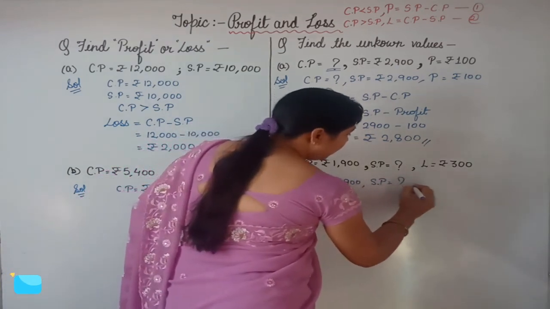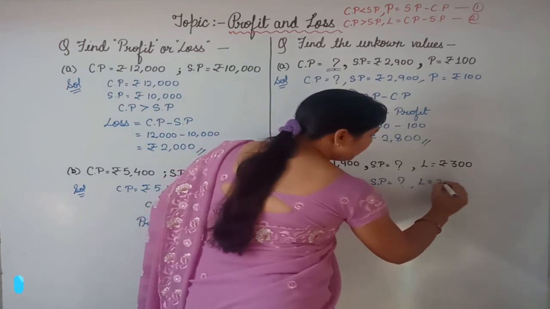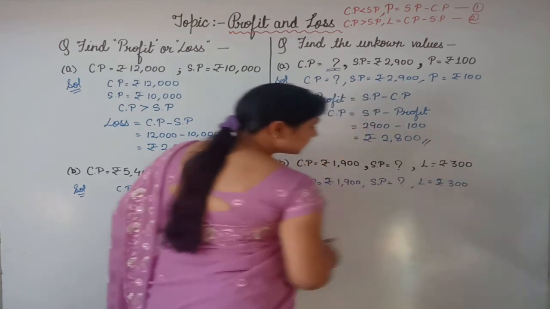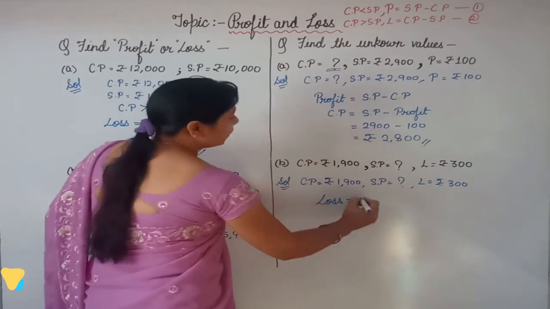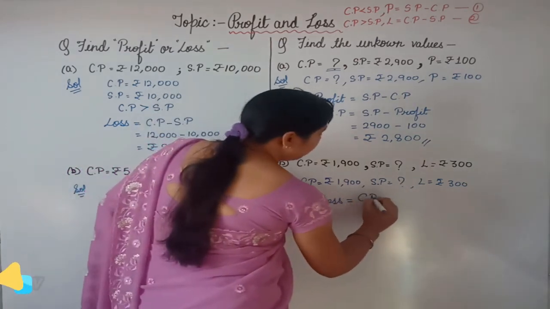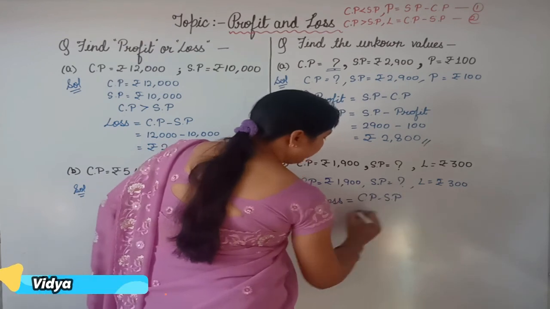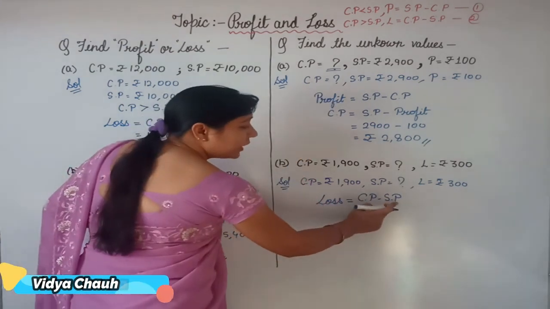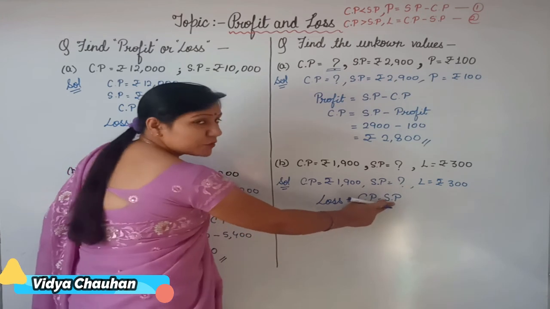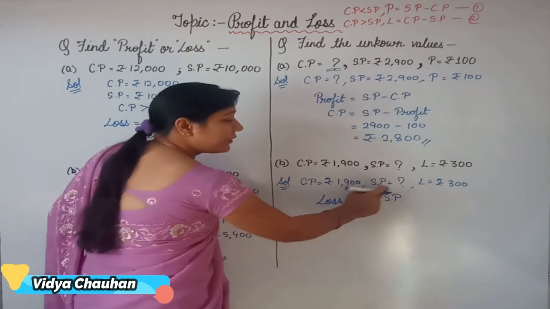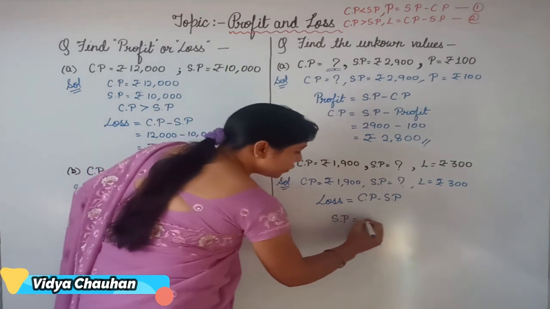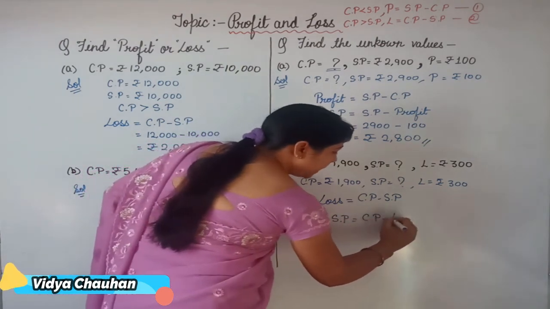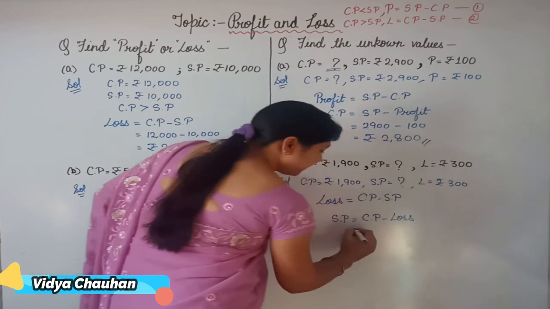SP we have to find out and loss is given as rupees 300. Let's put the formula of loss. Loss is equal to CP minus SP. Before finding the value, let's shift the formula in terms of SP because we have to find the value of SP. So SP is equal to CP minus loss.